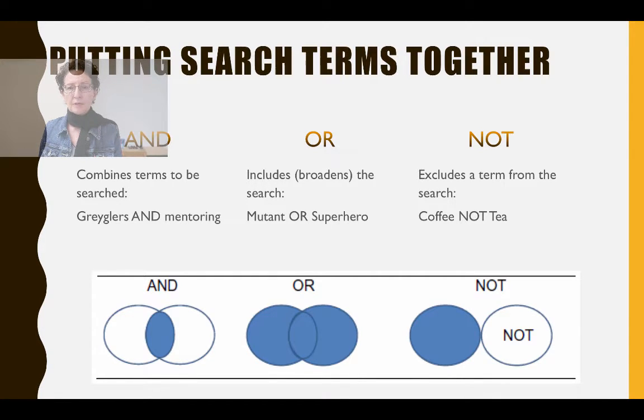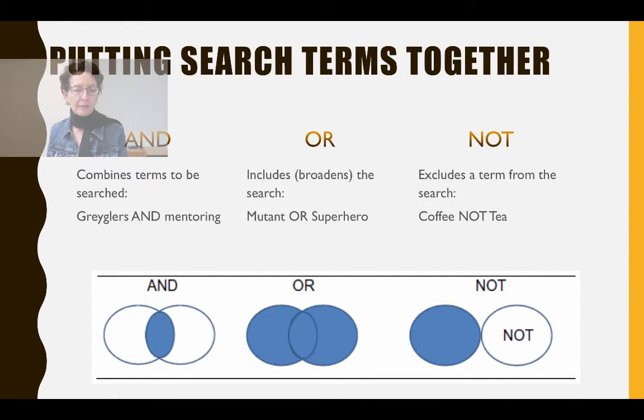Each term serves a particular function. So on the slide, you can see that "AND" combines terms to be searched. So if we put into the library's database Greyglers AND mentoring, the library's search engine will return results that have Greyglers and mentoring in the title, in the abstract, or next to each other in a sentence in the contents of the paper.